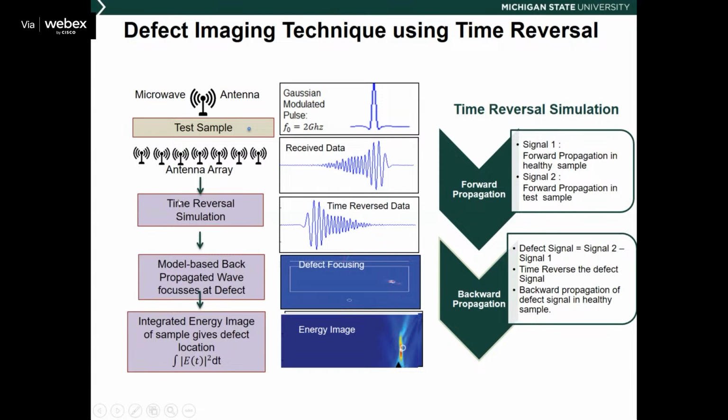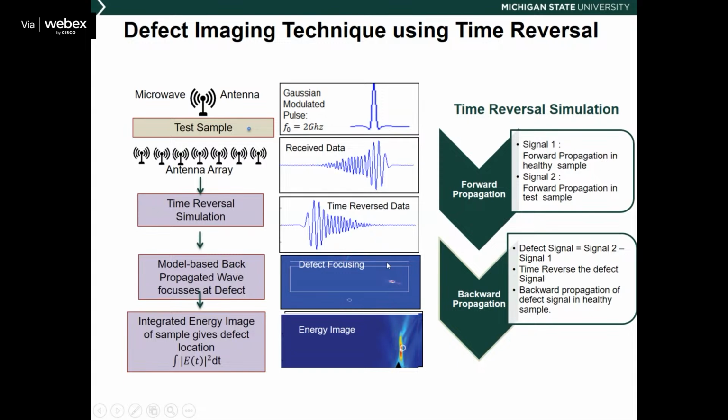And we demonstrate this in simulation first. So this is a model-based back propagation result that you can focus at the defect location. Because when you have a transmitter, it will interact with the defect, then be picked up by the receivers.